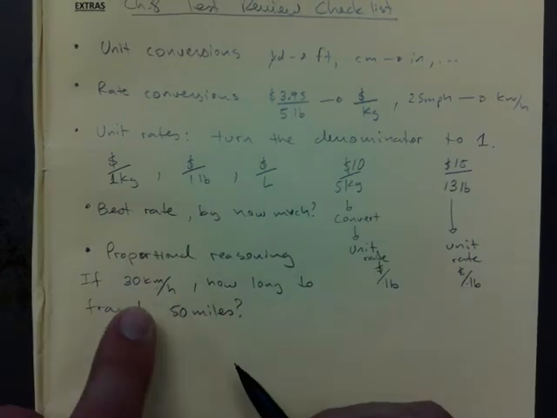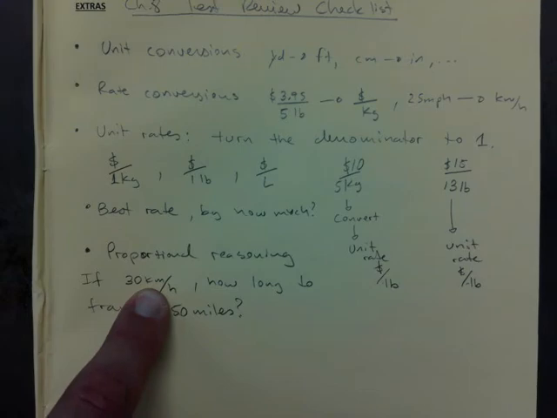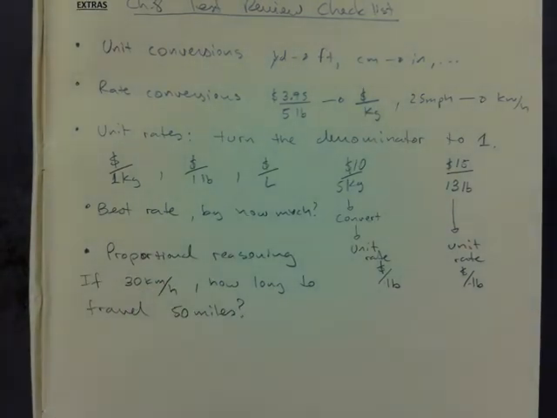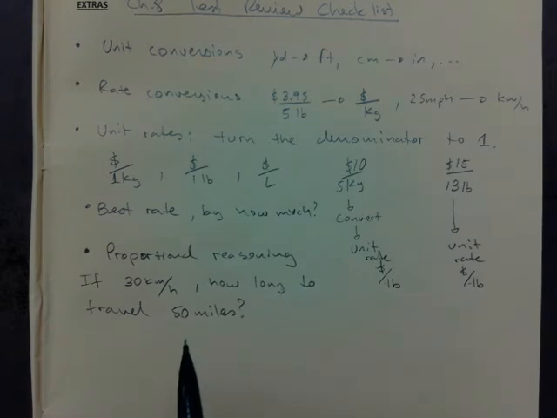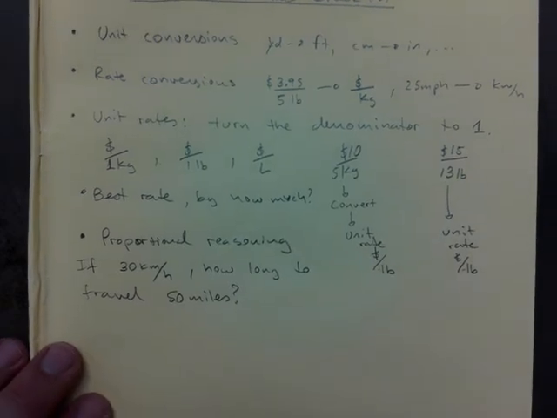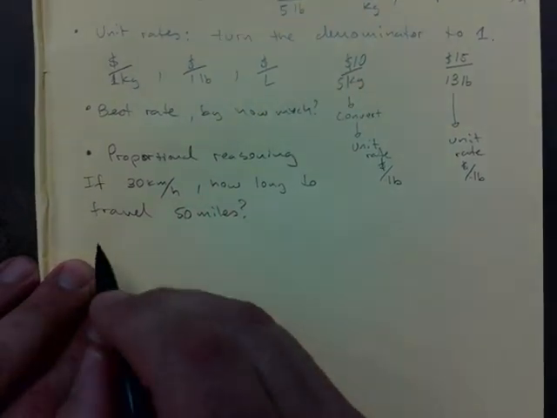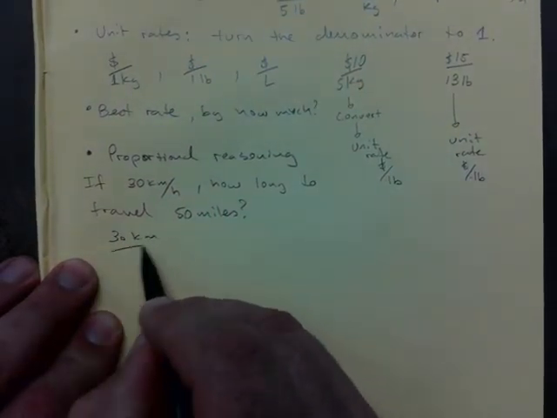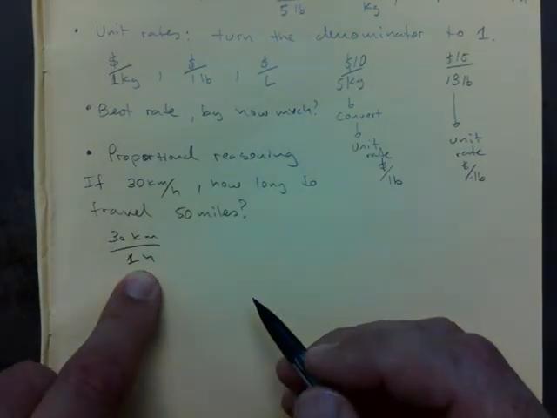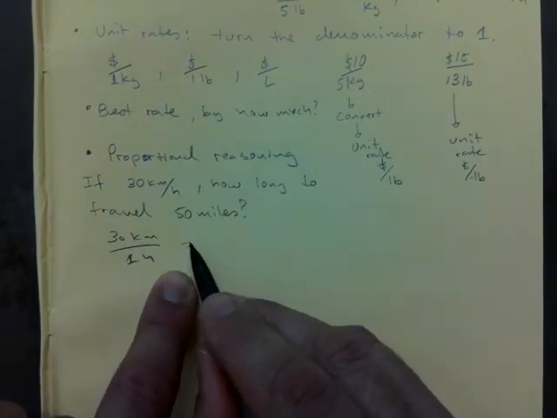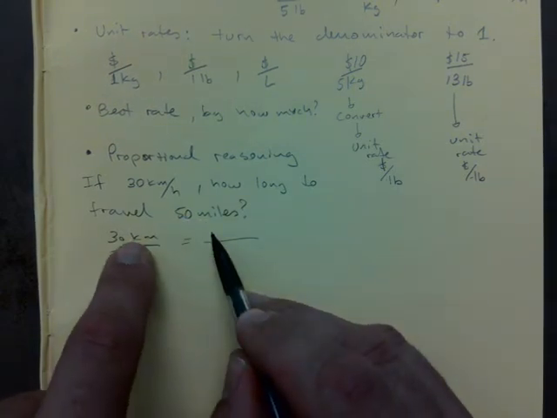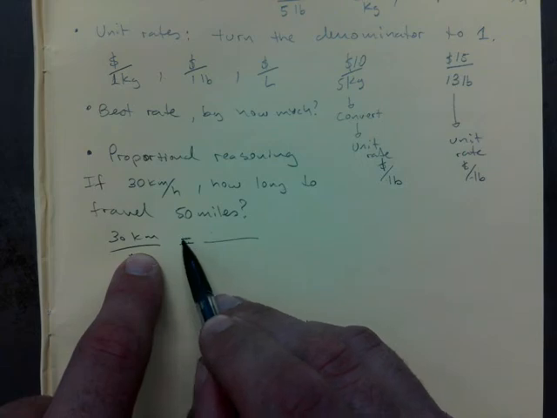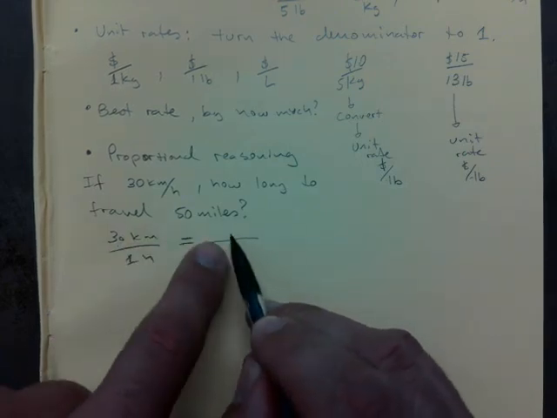So when you're given a rate and then asked for either, in this case, time, or they could give you the time and ask how far you traveled, then you want to set up your proportion. So you'd go 30 kilometers in 1 hour. It could have been 30 kilometers in 2 hours, whatever the rate is. And then the 50 miles would have to go here. So when you do a proportion where the equal sign is there, you want to match the units.